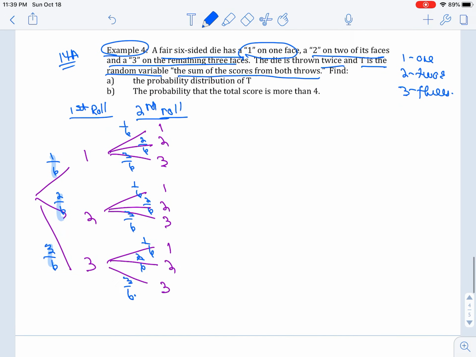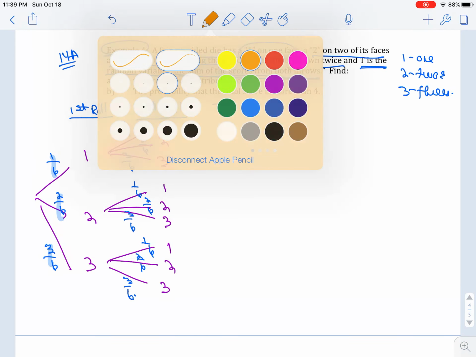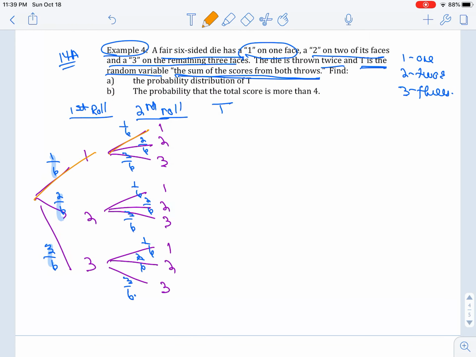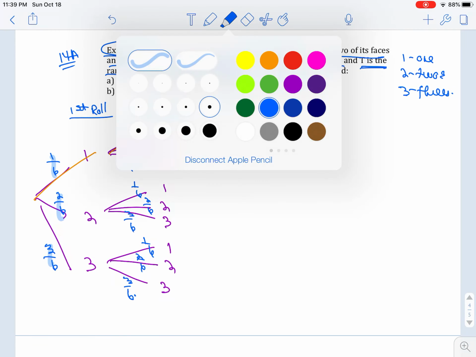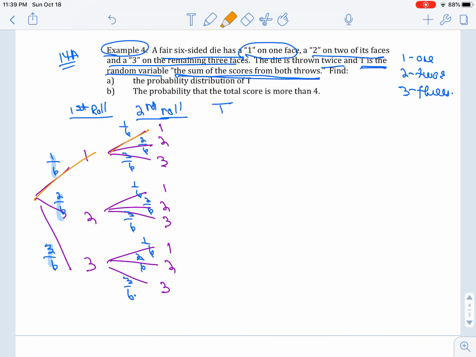Then we go back and see what our random variable was. Random variable T is the sum of the scores from both rolls. On the first one, we have a 1 and a 1, so the value of T is going to be 2, because I add them up.